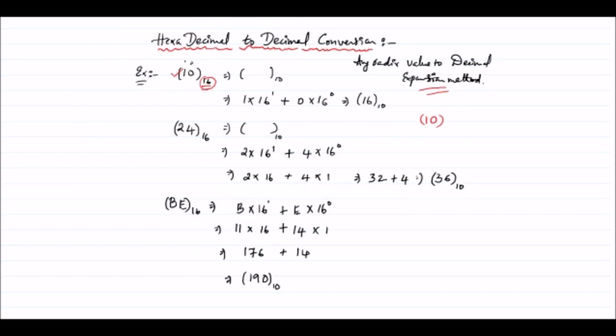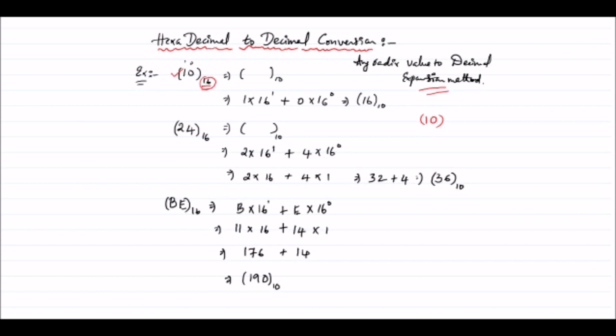Now we are trying to do hexadecimal to decimal number conversion. As we have discussed in the previous videos, octal to decimal and binary to decimal, we use the expansion method.